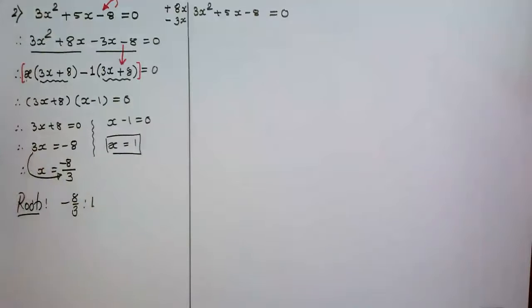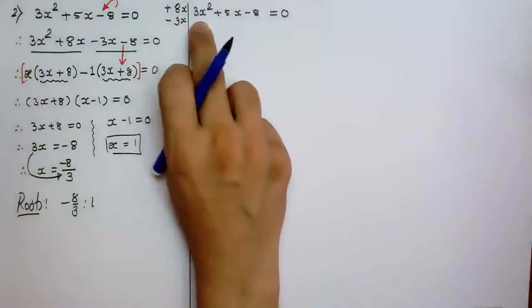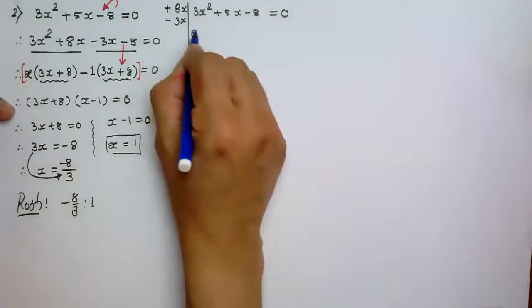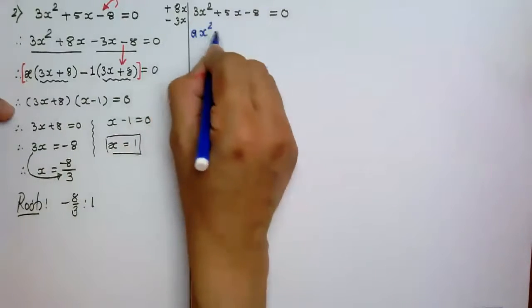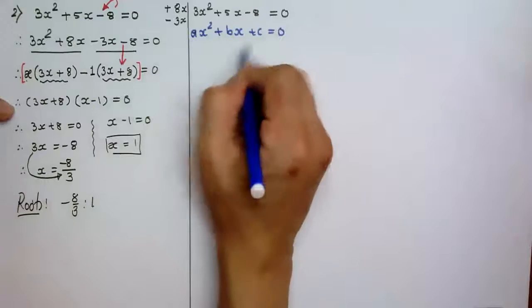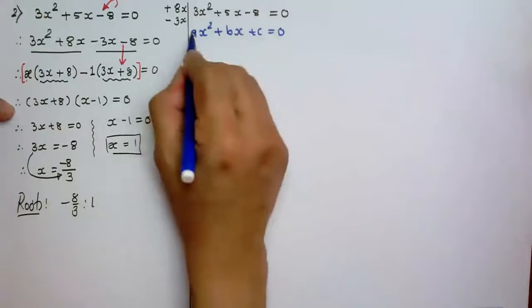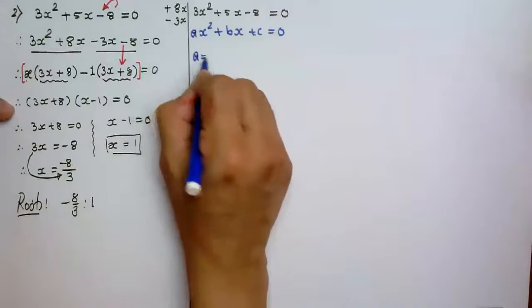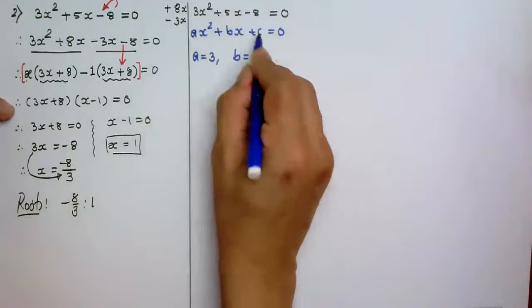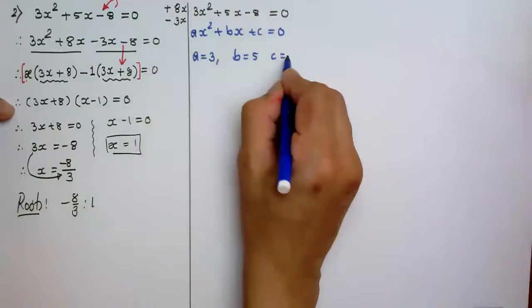I have to compare this equation with standard form of quadratic equation, and the standard form of quadratic equation is ax squared plus bx plus c is equal to 0. By comparison, you will get a equal to 3, b is equal to 5, and c is equal to minus 8.